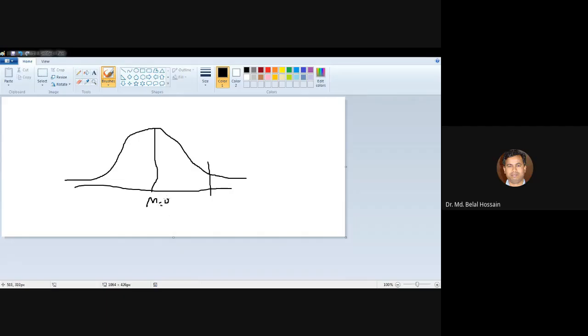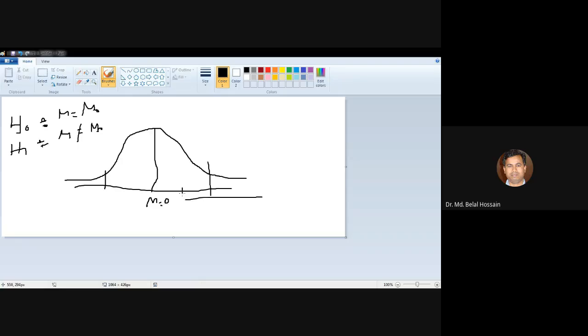When we say the null hypothesis is mu equals mu naught, and the alternative hypothesis is written with a colon, mu not equals mu naught, what it tells us is that if mu is somewhere here, it can be greater than 10.